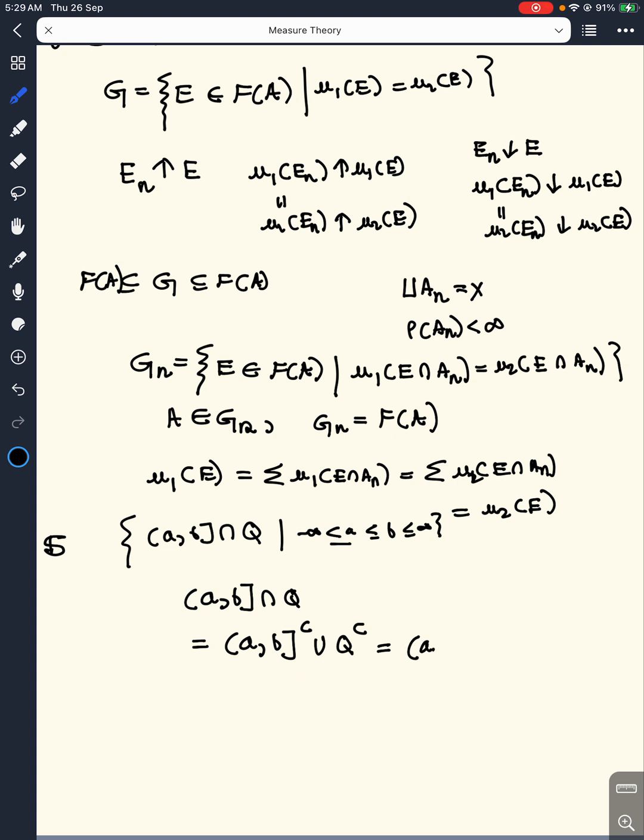So this can be written as (A1, B1). Since it is a semi-algebra, we can exactly write how many, but (AK, BK), union Q complement.